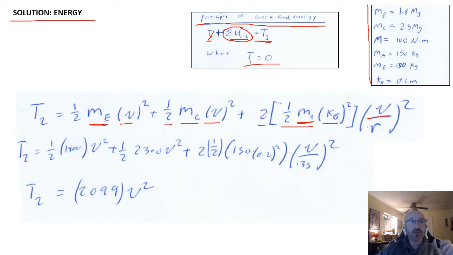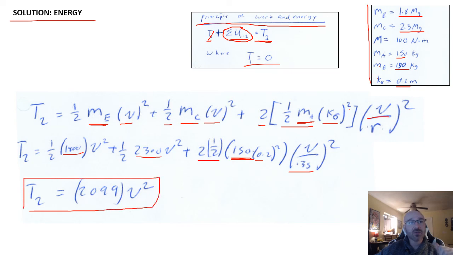So our m_E we plug in is 1800, or 1.8 megagrams, and we convert to kilograms, times our v squared there, plus one half of our 2300, which is our m sub C, or 2.3 megagrams when we convert to kilograms, plus 2 times one half of our mass of A and B, which is 150 kilograms, which we can see is given to us there, times our radius of gyration, which is 0.2, all over a radius, which is 0.35 meters. So we can simplify this down and reduce it, and what we end up with is T2 is equal to 2099 v squared.